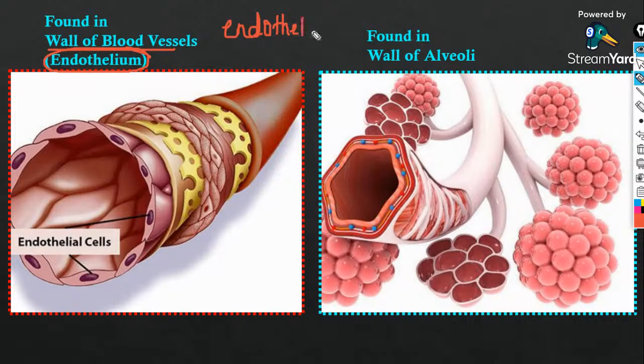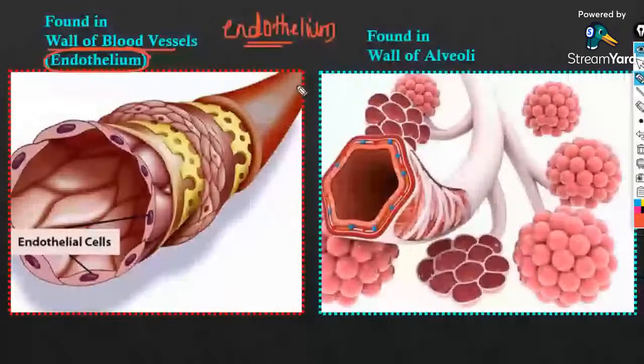It is a type of epithelium that covers the walls of the blood vessel, or the wall of the internal organ. It is endothelium. And this is the epithelium which is found in the alveoli. Clear?